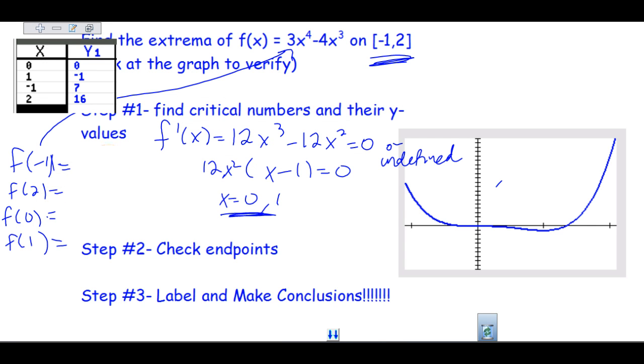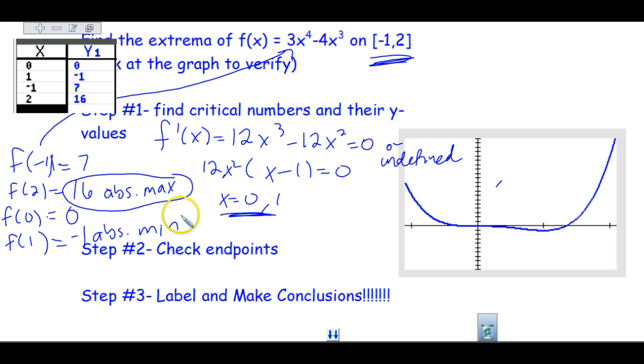Then, looking at this, we would say that 16 appears to be the highest point, so this is the absolute max, and -1 is the lowest point, so this is my absolute min. It's okay to say the point that it referred to, but just so that you're aware, the 16 is what's being referred to as the absolute max, and the -1 is being referred to as the absolute minimum.